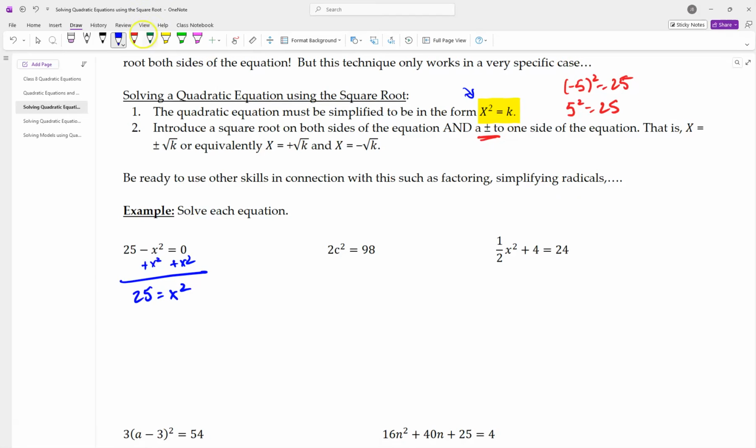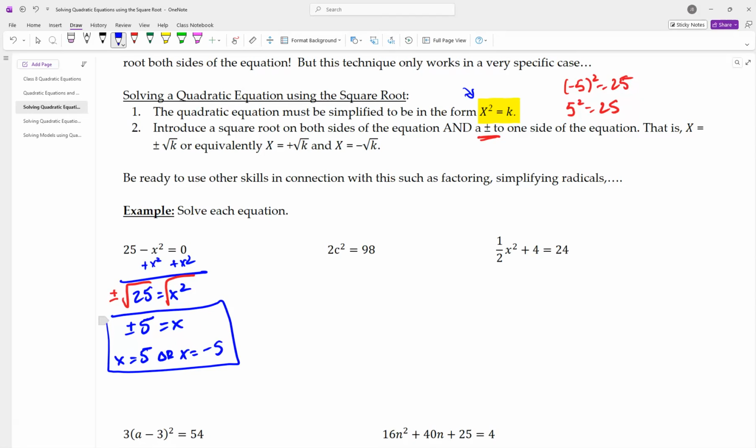Now I'm going to introduce the square root, and I'm also going to include the plus and minus on one side. Generally, you include it on the side opposite of the variable. The square root of 25 I know is 5, so I have plus or minus 5 is equal to x. It's perfectly fine to express the answer like that, or if you want to do x is equal to 5, or x is equal to negative 5, write them both out, that is acceptable as well.